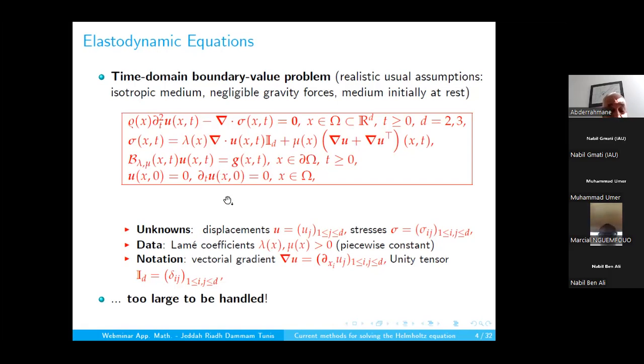And the configuration of the medium is given through the data of the Lamé coefficients here, two piecewise constant functions, and you have to solve this problem. But this problem is a system, set in 3D.